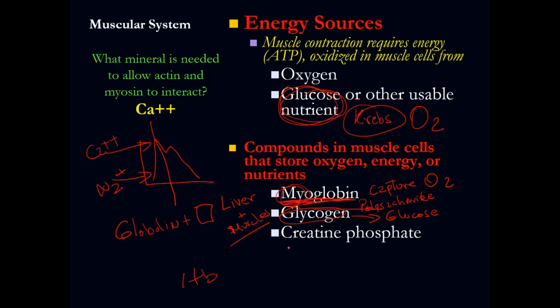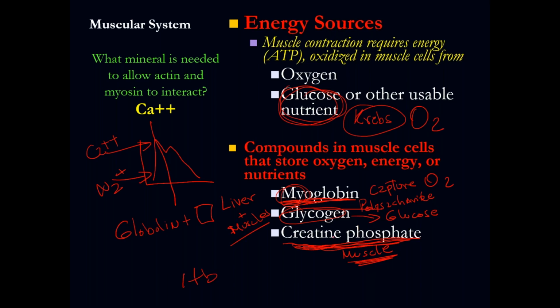Okay, and here is another very important thing. Creatine phosphate is an enzyme, a protein, sorry, that is located inside the muscle. This protein can produce energy in certain circumstances.